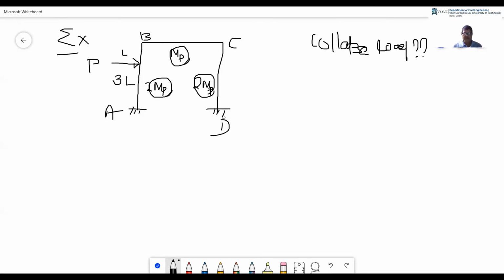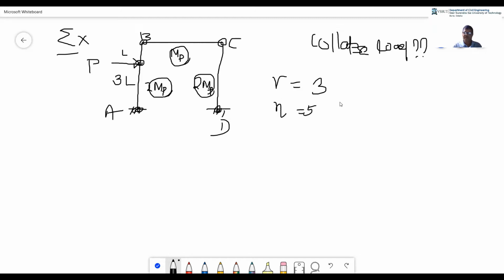Now, like the previous problems, the degree of indeterminacy is equal to 3, since 3 is the number of equilibrium equations, so 3 will be your degree of static indeterminacy. Now, the possible plastic hinges: 1 here, 2 here, 3 here, 4 here.